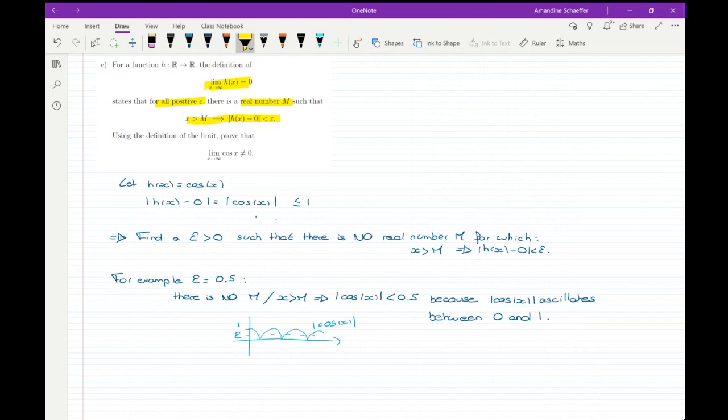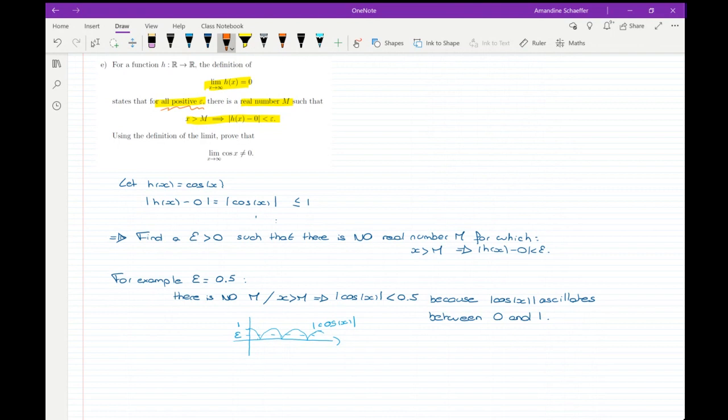Remember, it's always easier to prove that something is not true in general. The definition says that for all positive epsilon, you can find a number m. So we're going to show that I can find at least one epsilon for which this is not true, and that's enough to show that the definition doesn't apply here.